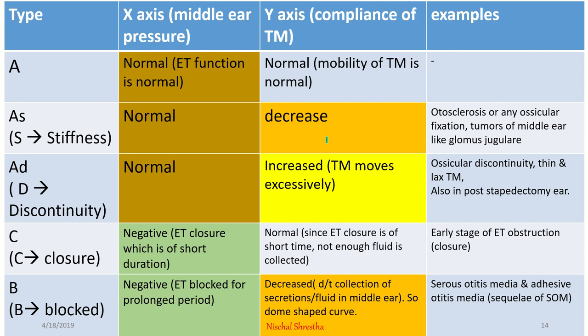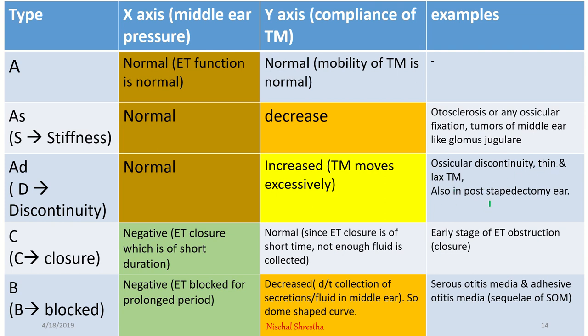And why has compliance decreased? Because due to the fixation of ossicular chain, TM fixation also occurs. Or in case of tympanic sclerosis, TM becomes rigid, so its mobility decreases, or in other words, its compliance decreases. And AD type, D means discontinuity, the discontinuity of the ossicular chain, or when the TM is thin or loose.